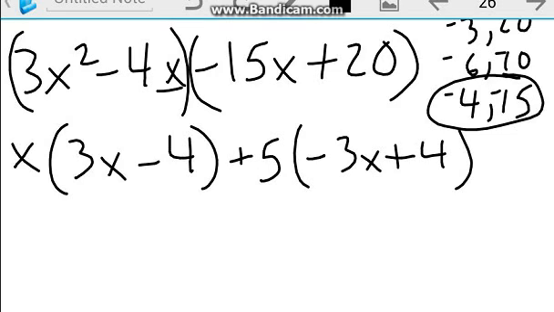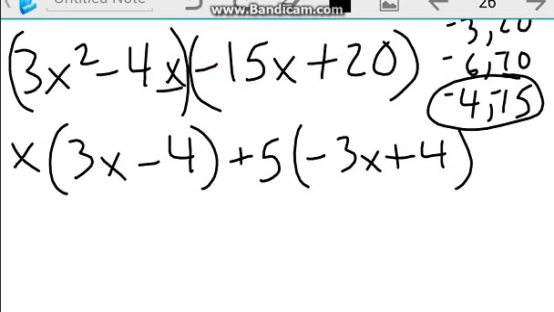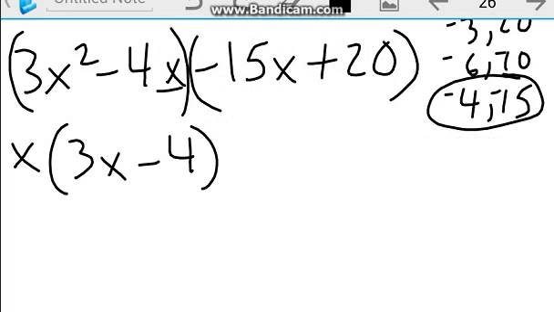Now we have a problem. Our factors, although they have the same numbers, don't have the same sign. That means I factored out the wrong thing. I factored out positive 5. In order to make this 3 positive, I need to factor out a negative. So let me just erase my work really fast and rethink this.